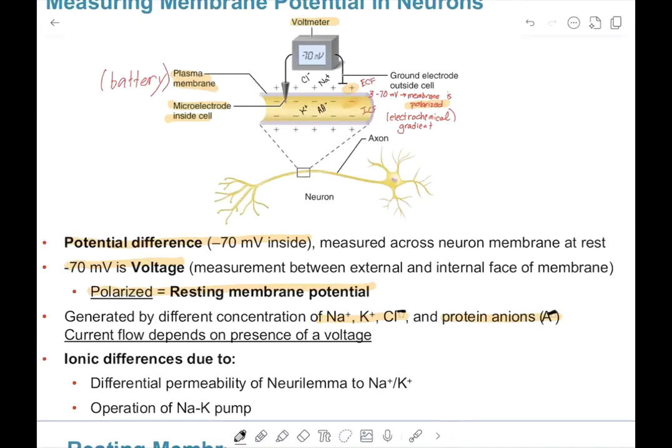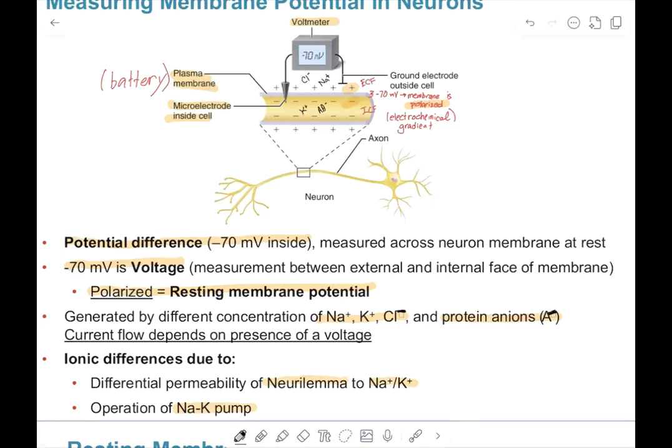There's ionic differences due to the permeability of the neurolemma, which is the membrane, to sodium and potassium. And then there's also a sodium-potassium pump. That's the active transport pump that we talked about way, way back in chapter 3.